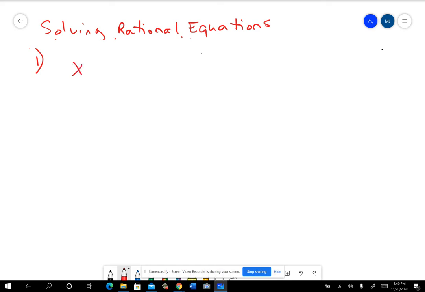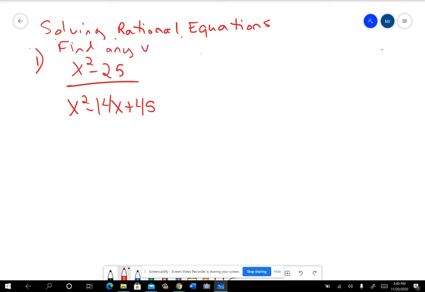In question number one, you're being asked to determine where this expression is undefined, okay? So it says find any values for which the expression is undefined, okay?